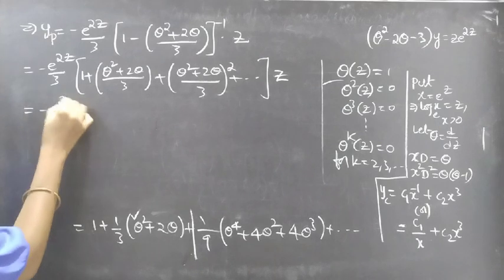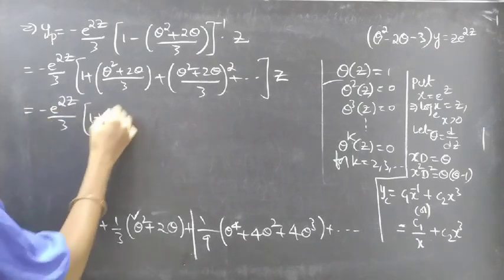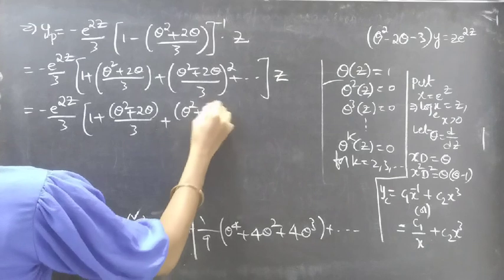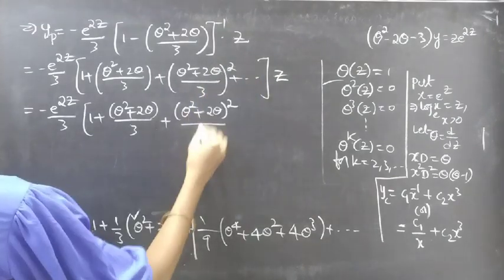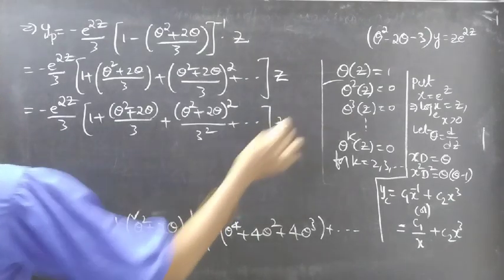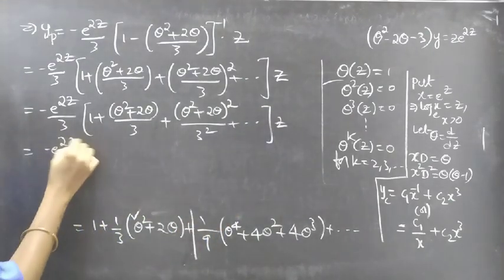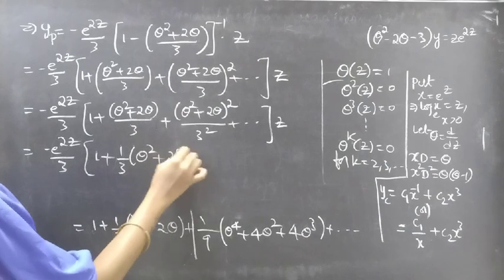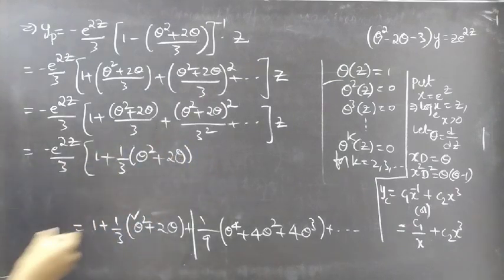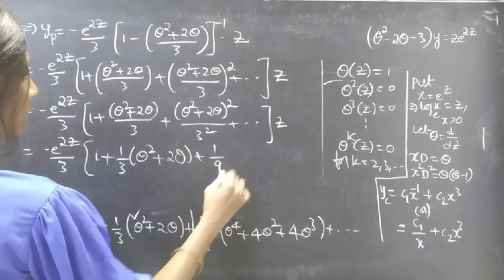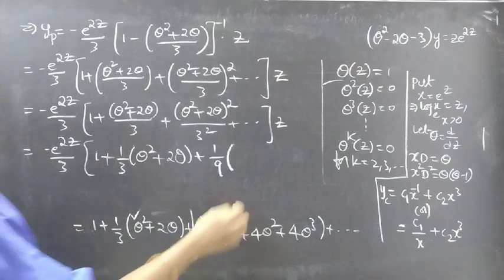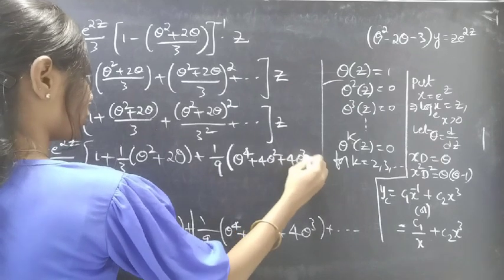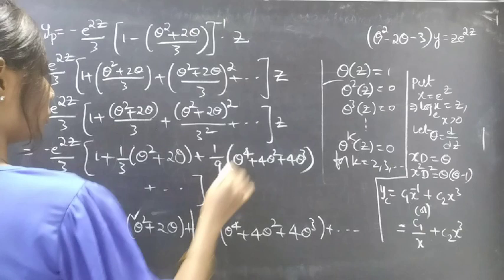This becomes minus e power 2z by 3 into 1 plus (theta square plus 2 theta by 3) plus (theta square plus 2 theta) whole square by 3 square plus so on, into z. This equals minus e power 2z by 3 into 1 plus 1 by 3 into (theta square plus 2 theta) plus 1 by 9 into the expansion, theta power 4 plus 4 theta square plus 4 theta cube plus so on, into z.